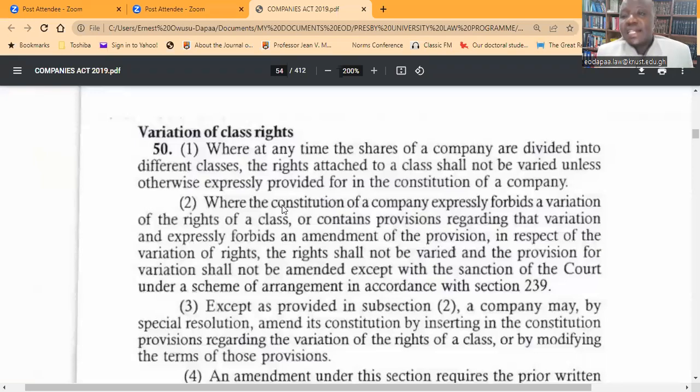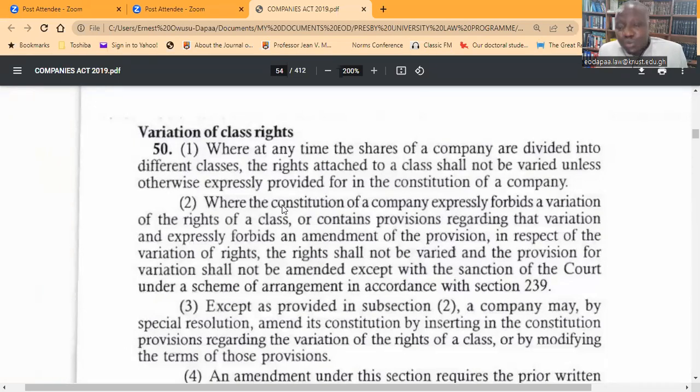Now, 49 has told us about classification of shares, and it has given us the understanding that different classes of shares may confer rights which are not enjoyed by shareholders in the other classes. But the rights and liabilities which a particular class enjoys are not cast in stone.